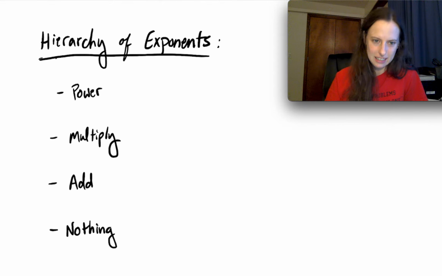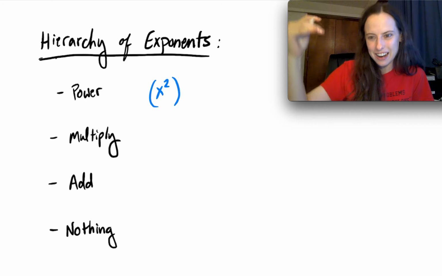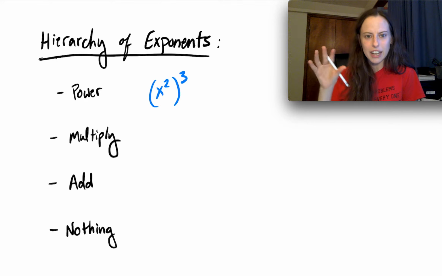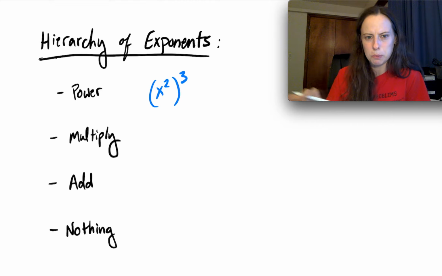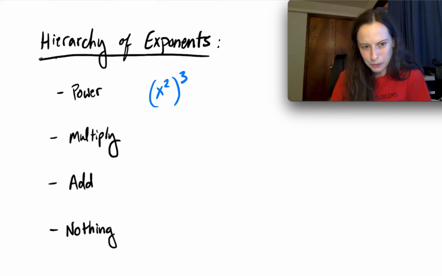So let's look at an example of this. Let's say in our problem, we have a higher power, like x squared raised to the higher power of 3. So that's a power that we see in the problem, but now to figure out what to do with the exponent, we go one below.